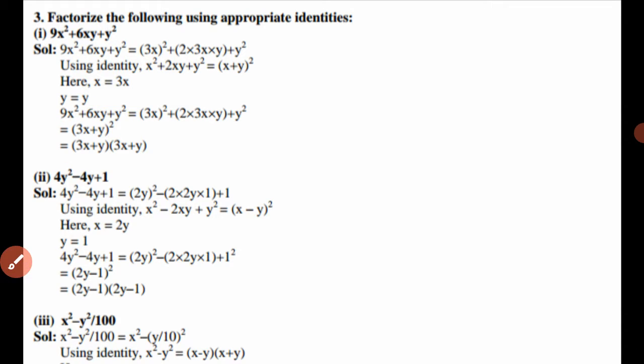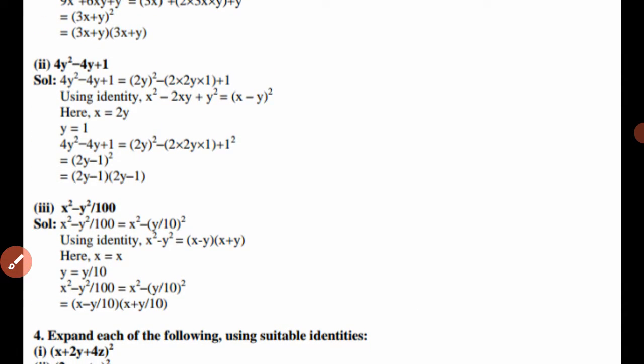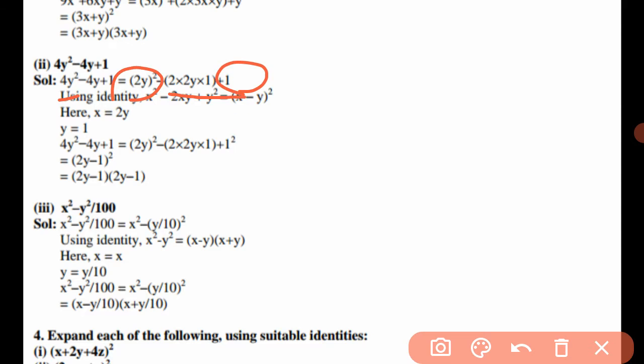Now in second case we have 4y square minus 4y plus 1. So here also we can use identity. In place of 4y square we can write (2y) whole square minus 2 into 2y into 1 and plus 1. Now using identity, the same identity is there, x square minus 2xy plus y square, it will become (x minus y) whole square, where x equals 2y and y equals 1.